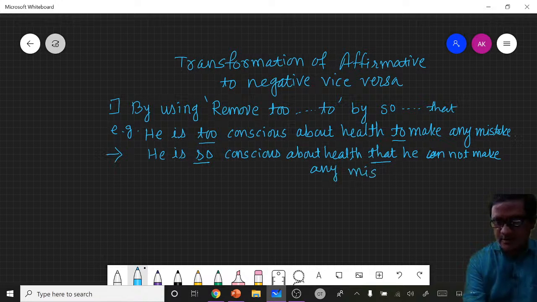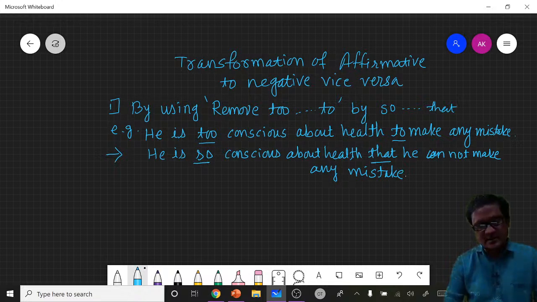You can easily understand that the 'too' is removed and replaced by 'so dash that'. He cannot make any mistake. वो अपने स्वास्थ्य के बारे में इतना सजग है कि वो एक भी गलती नहीं कर सकता.